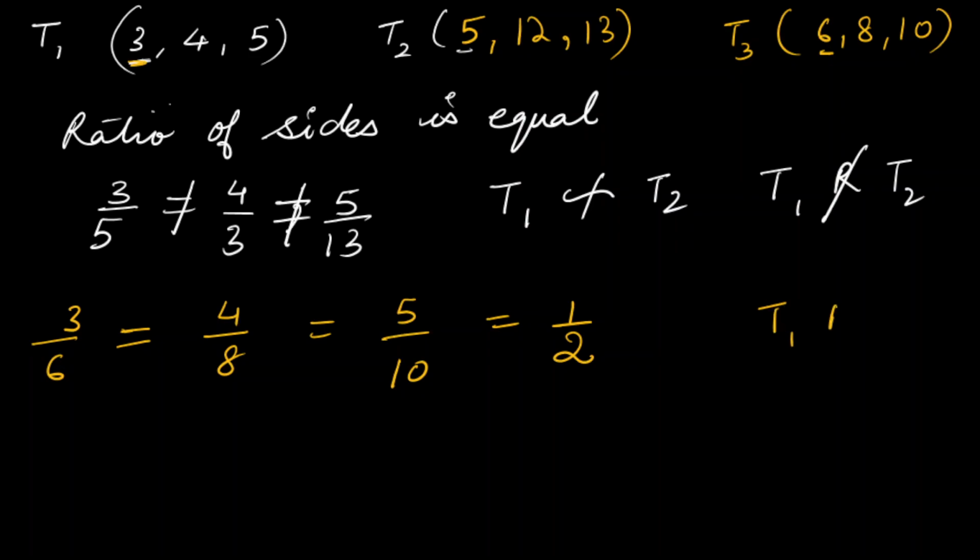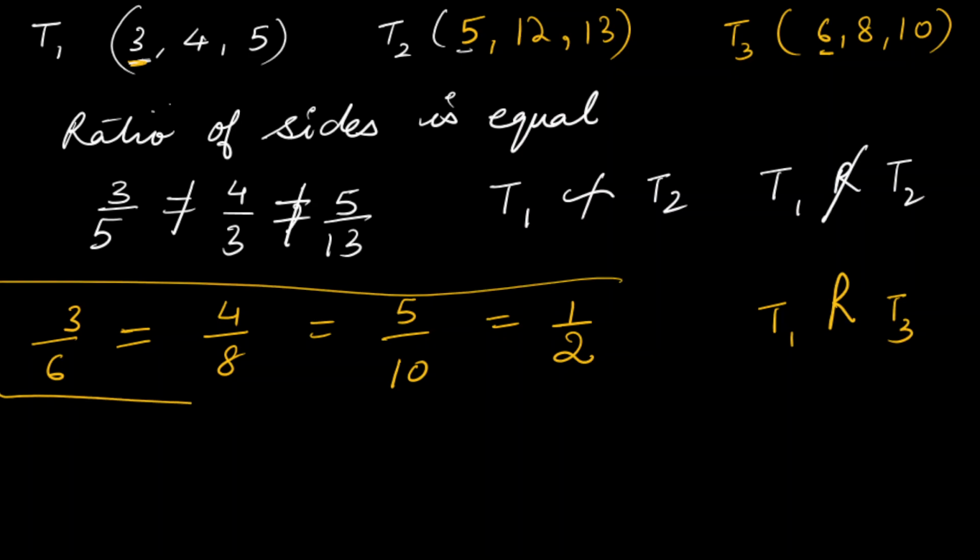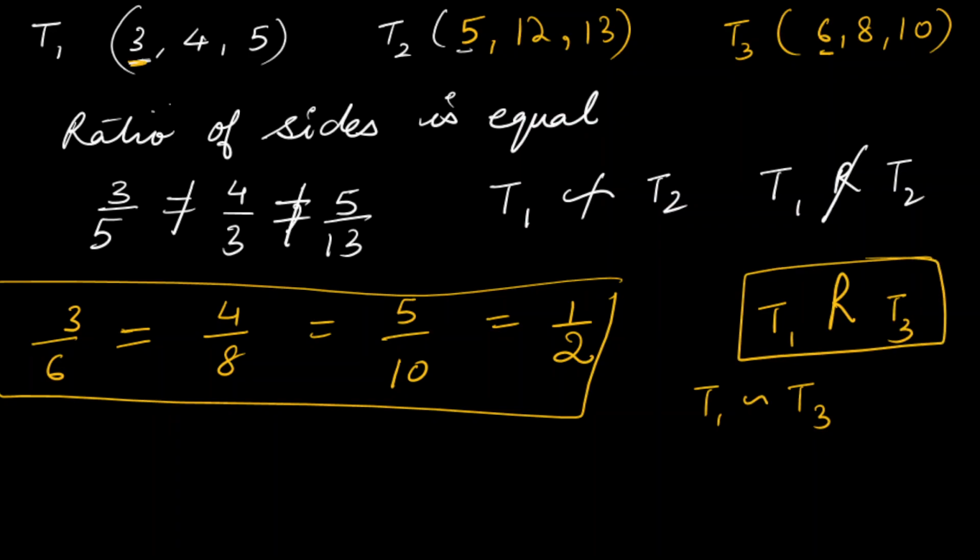Therefore, T1 is related to T3, because if the ratio is the same, triangle T1 is similar to triangle T3. If these two triangles are similar, that means T1 and T3 are related.